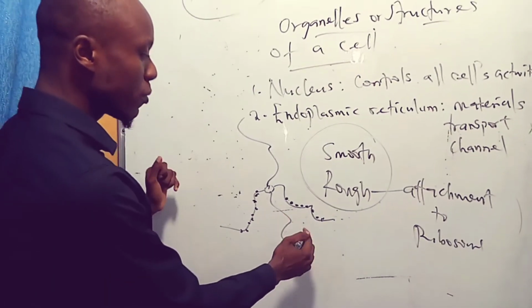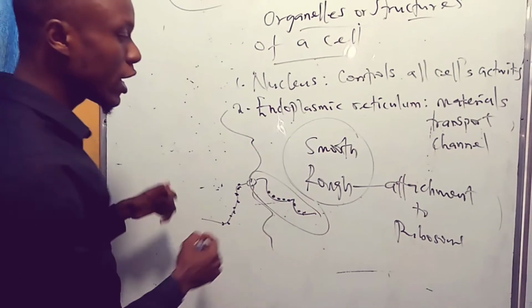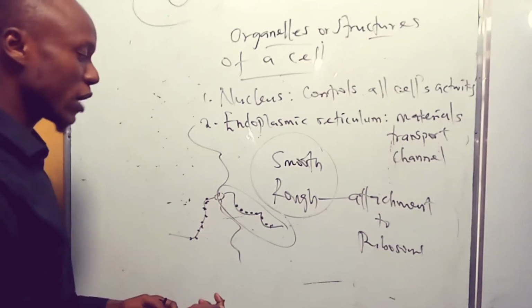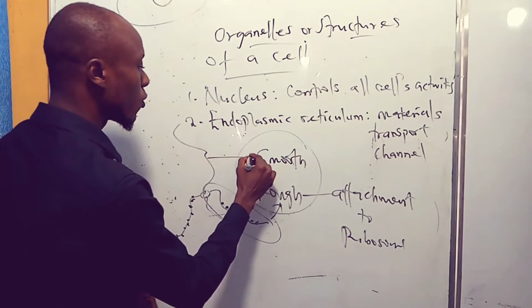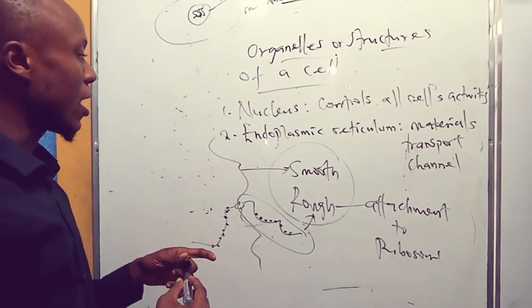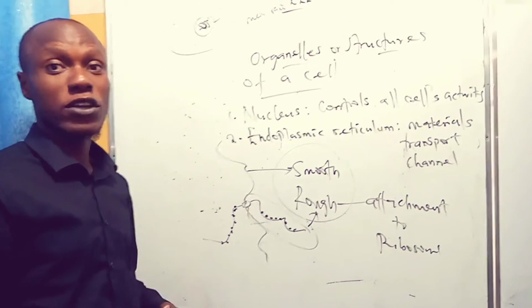So the reticulum in which I have attachment of ribosomes is known as what? The rough endoplasmic reticulum. While the one without attachment is the smooth endoplasmic reticulum.